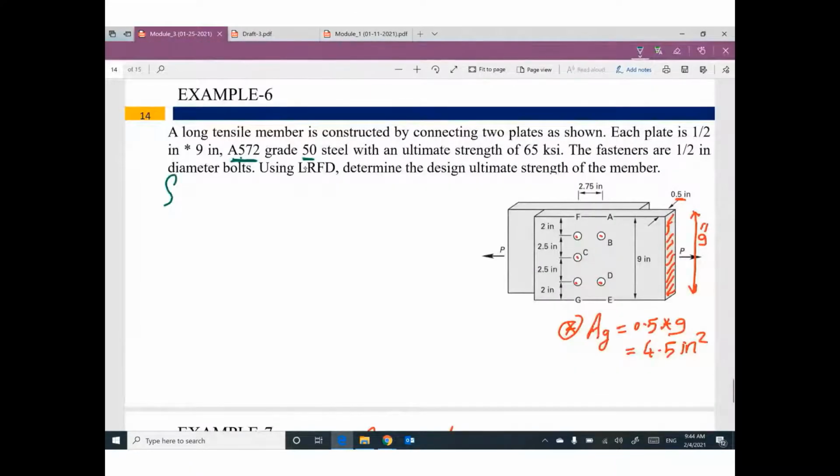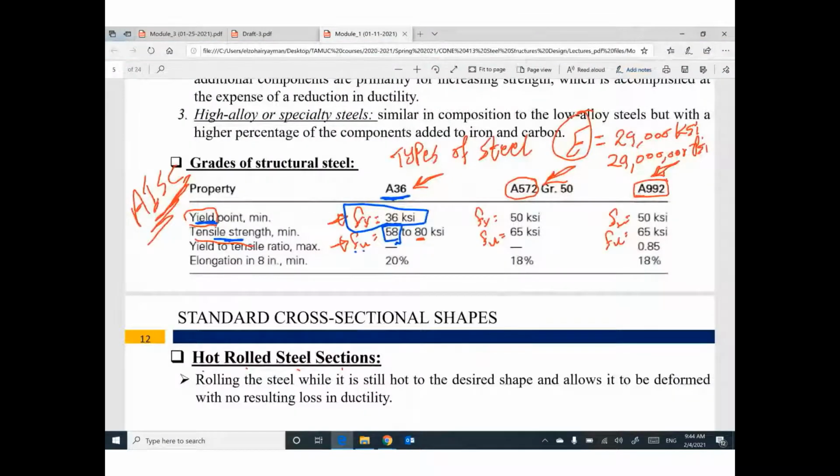So F yield is 50 KSI. F ultimate is 65 KSI. It's a given. The yield stress is 50. The ultimate strength is 65. If this information is not given, you can get it from this table based on the type of the steel.